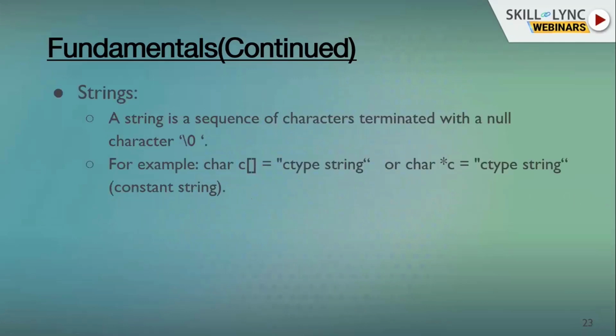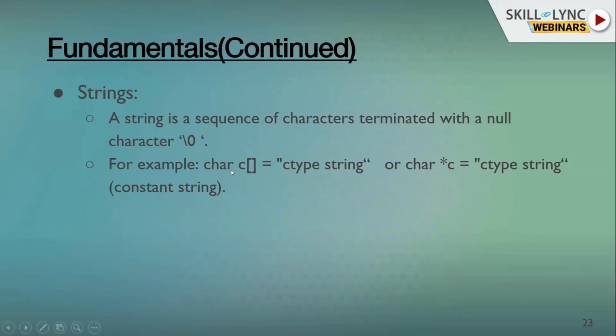Now we talk about strings. A string is a sequence of characters that terminates with a null character, that is backslash 0. That is a special character used in the string where we want to terminate it.